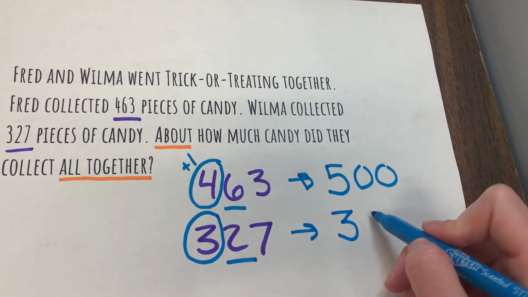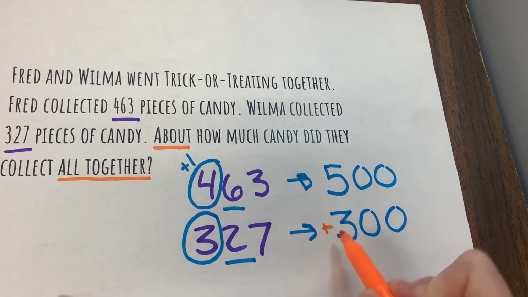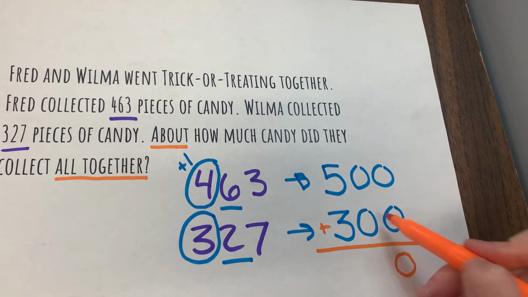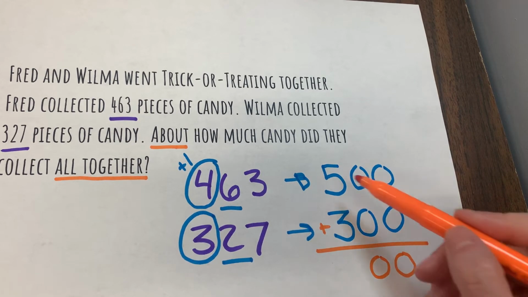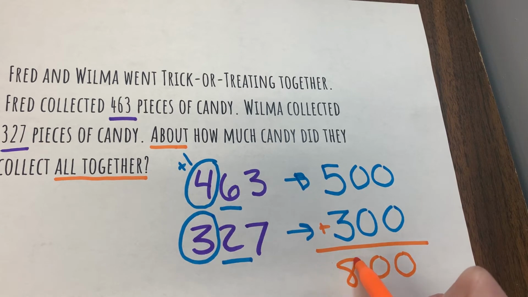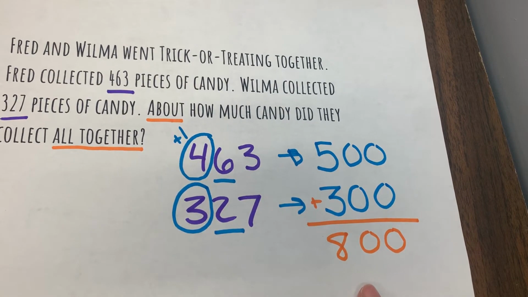The 2 digits to the right turn into zeros. Now remember, we are adding these two numbers together. 500 plus 300, 0 plus 0, 0 plus 0 is 0, and then 5 plus 3 is 8. About how much candy did they collect altogether? They collected about 800 pieces of candy.